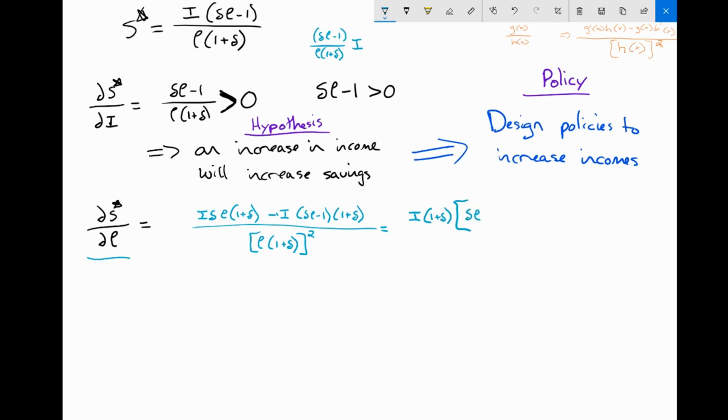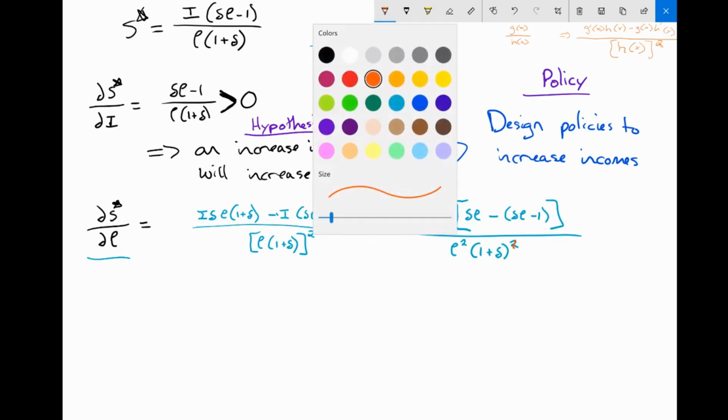Delta rho minus delta rho minus 1. And then in the denominator, it's rho squared times 1 plus delta squared. Well, this gets a little bit easier because we're going to notice that this 1 plus delta cancels out with the squared term, so we're going to get rid of that.